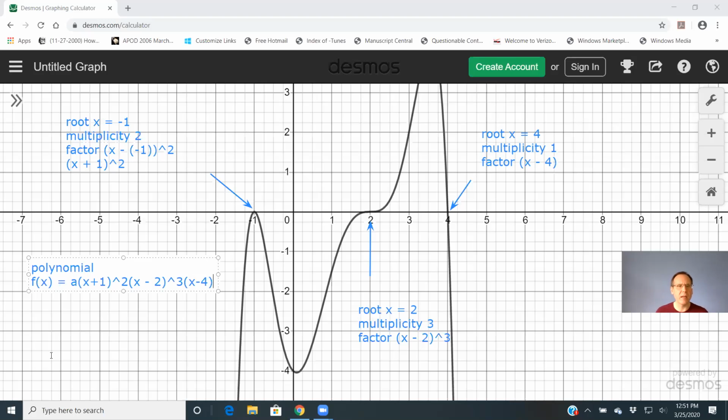That'll be the equation of that particular polynomial. So what I need to do is figure out what that a is. Let me go back to the iPad and we'll finish up this problem.